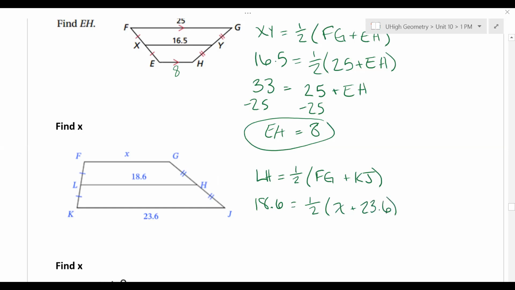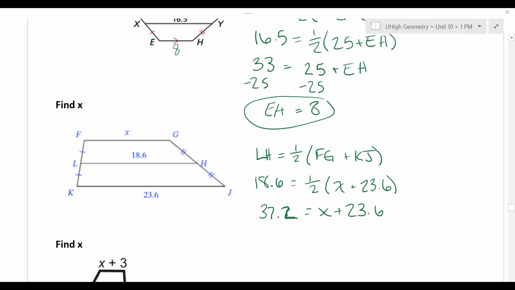So that means the sum of my bases has to be equal to 37.2. So that's going to be X plus my 23.6. So the sum of my bases is 37.2. One of my bases is 23.6. So that means my other base would have to be 13.6.